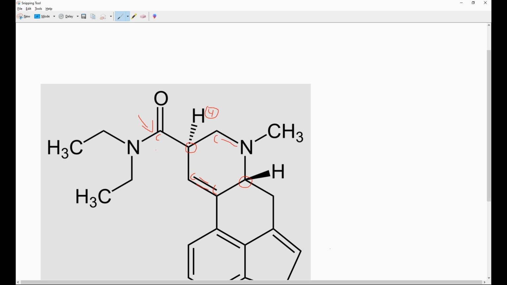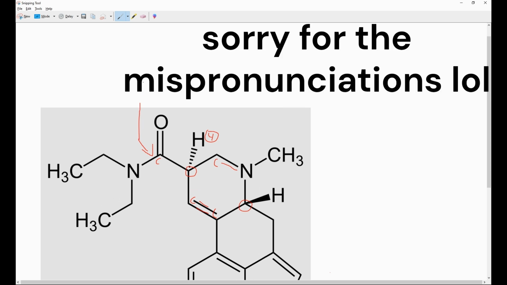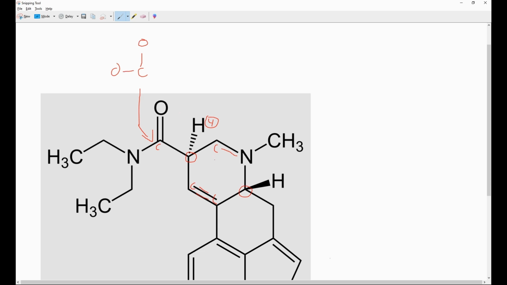So technically, in terms of naming this with the Ingold rolling name scheme, this carbon in particular here would just appear as single bonded to two different carbons. Now, this is not the correct skeletal form. This is just the naming scheme.